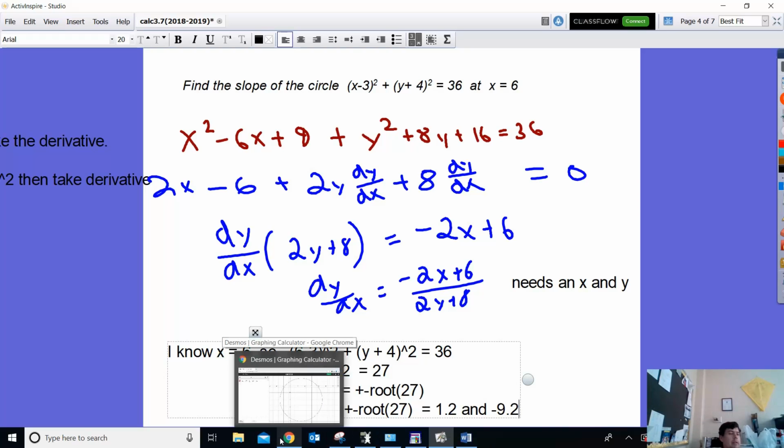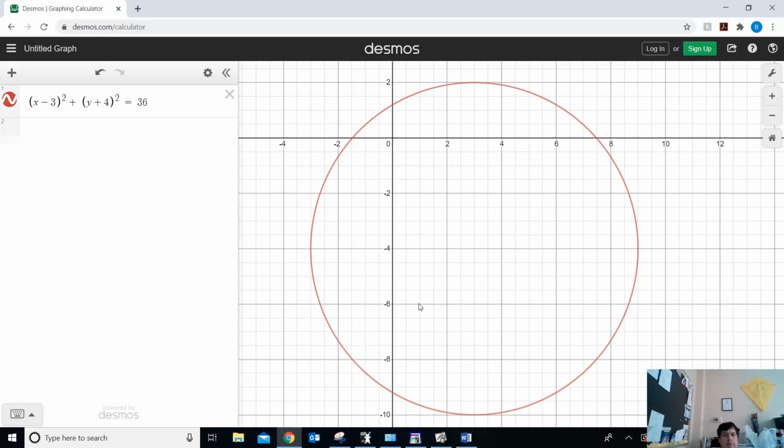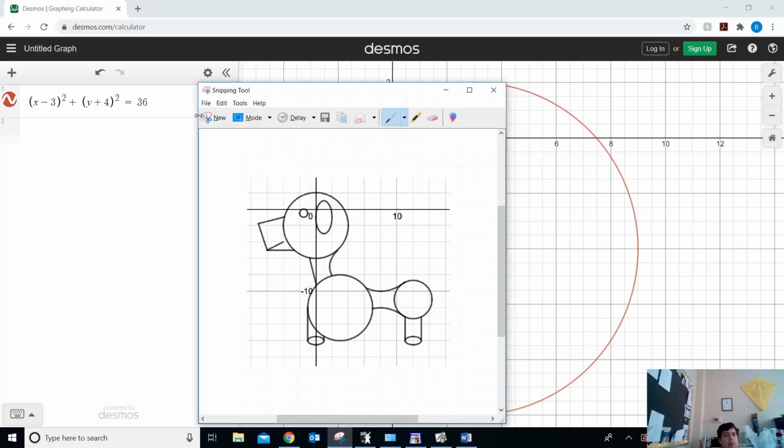This is kind of why I wanted to look at the graph. So 1.2 is going to put you about there. Negative 9.2 is going to put you somewhere down there, isn't it? Same slopes or different slopes? Uh-oh. We don't know.